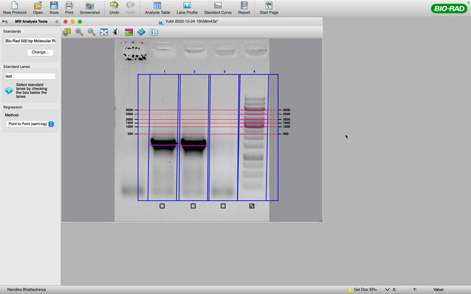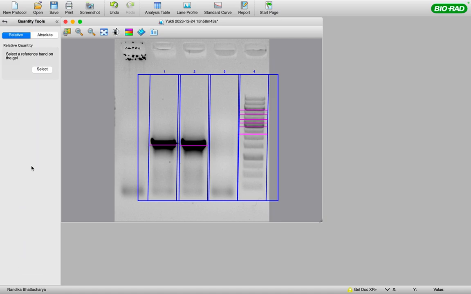Here we can see some of the limitations of the software, where it has now decided only the bands here count, and it has not used any of these bands. But that's okay. We'll try to do a quantity measurement instead.